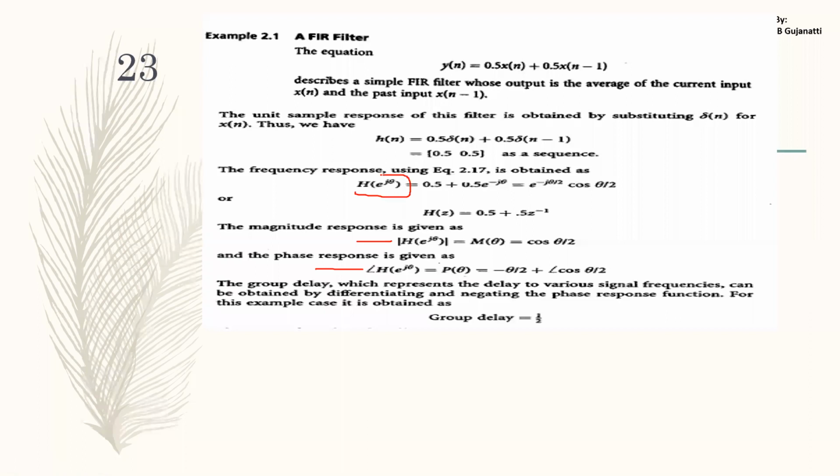Now this is the frequency response of the filter we intend to design. This is the frequency response which we had obtained, and its equivalent representation in the Z domain. So this we had observed in the previous session.